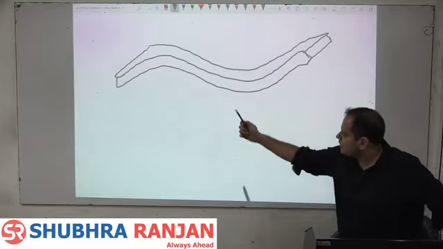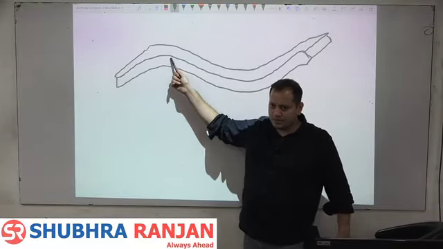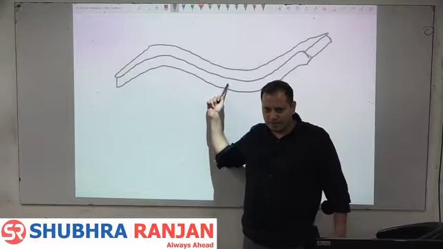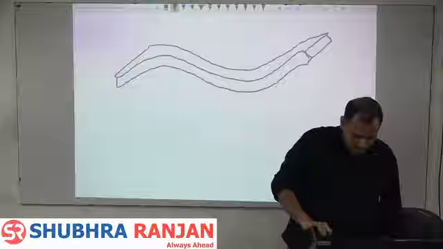Understood? Ridge and trough. Trough matlab depression. Next point.